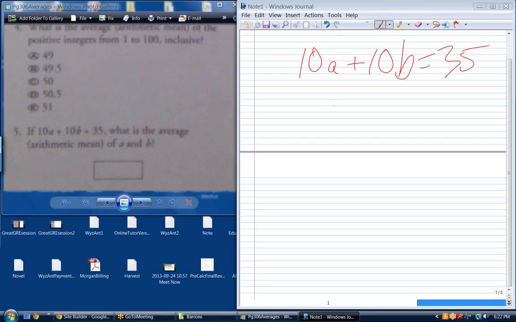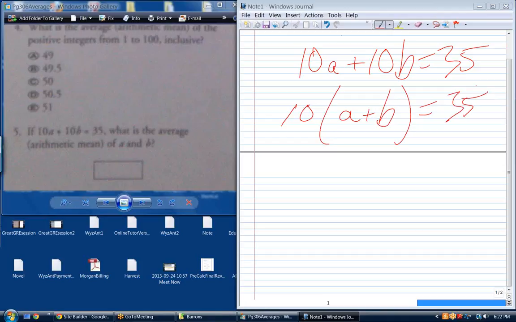Yeah, they basically mean what is a plus b divided by 2. Okay, well then you would have to remove the 10. Let's factor the 10 out. So now we have 10 times (a plus b) equals 35.